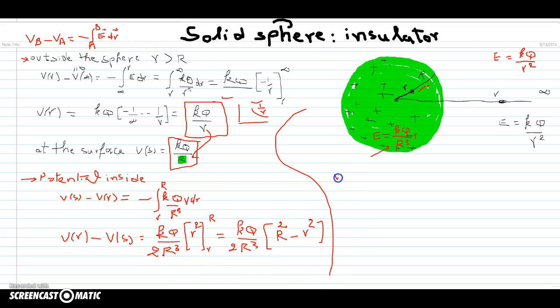Now with this V of the surface, I can probably make some changes. So for V of r, I'm going to bring the V of the surface to the other side and factor out everything.